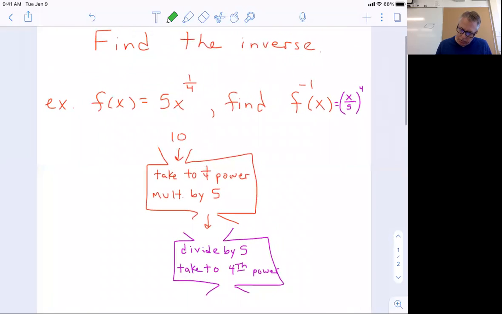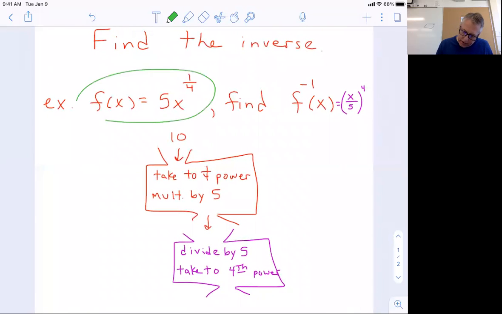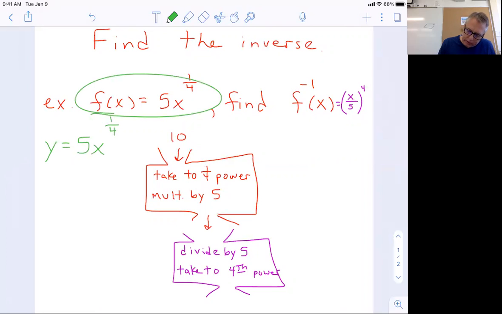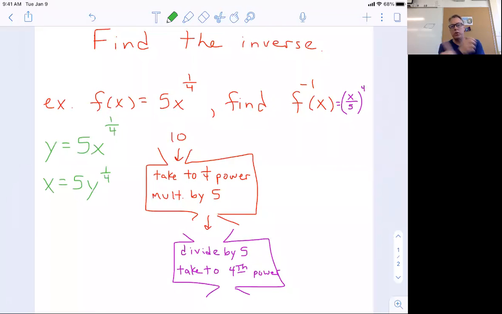A last way would be write this as y equals 5x to the 1/4. Okay. So I just rewrote that and then switched the x's and y's. X equals 5y to the 1/4. So you switch the x's and y's and then solve for y.